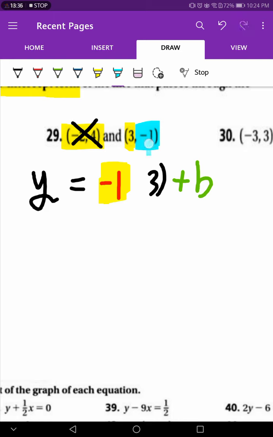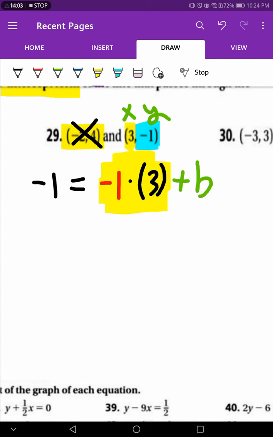I replace it here. It just replaces the x and the y from the ordered pair. The first number is the x all the time, and the second number is the y, my dear student. So I erase this and write -1. Now I do the multiplication here. -1 multiply 3. Yes, it is equal -3.